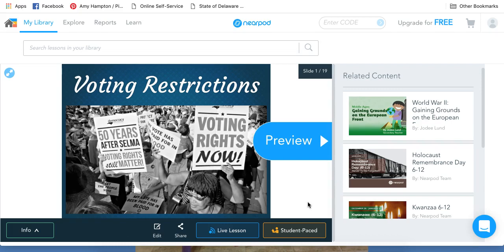These are units that have been created and are recommended by the state of Delaware to meet the standards for our students. So the lesson that I chose would be fitting into the civics unit entitled Expansion of Freedom.